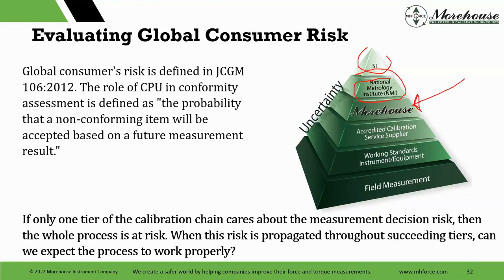You would hope we're doing things right. Heck, I'm teaching you on TUR. What if we weren't? What happens if we're not taking into account resolution? Then the next tier and the next tier. Look at this. If only one tier of the calibration chain cares about measurement decision risks, then the whole process is at risk. When this risk is propagated throughout succeeding tiers, can we expect the process to work properly?